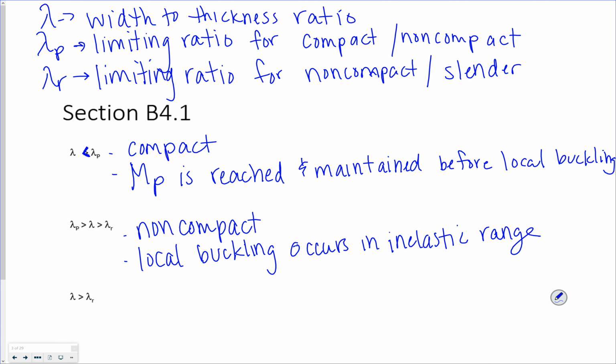So some yielding has started to occur within my cross-section, but I haven't fully yielded the entire cross-section.